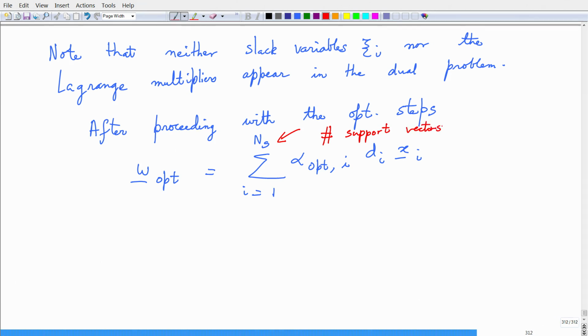Because this is where you are satisfying the constraints with conditions with equality, right. We had an inequality constraint in terms of zeta I, we had an equality constraint, and where you are satisfying the equality constraint even if zeta I is greater than 0, that is where you have to look at these vectors that satisfy this condition and they form the support vectors, and you can compute the optimum hyperplane over these support vectors.